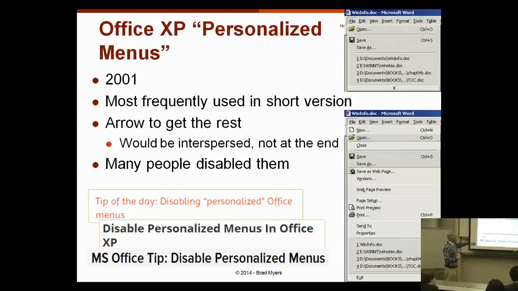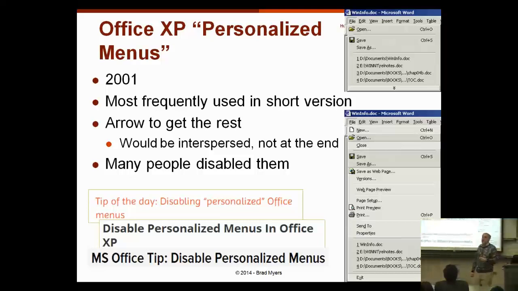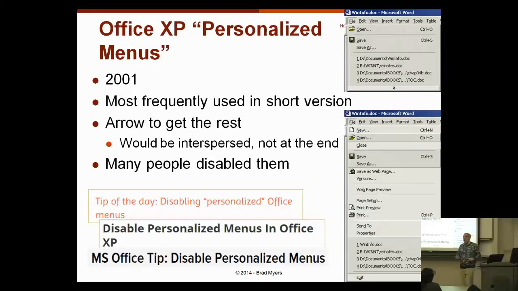And so they had this idea of having personalized or adaptive menus that would try to only show you commands you wanted to see or you were likely to use. And so based on statistics of what you tended to use, they would show you these short menus and then have this little arrow thingy that you would click on if you wanted to see more items, some of the other items.